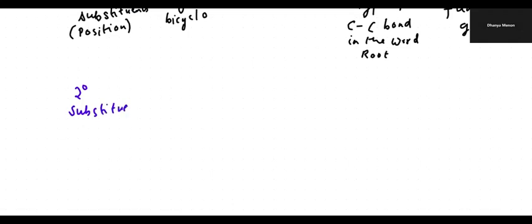Then we write down the primary. So this is all prefix, right? So secondary prefix first. In prefix, we write down the secondary substituent and then the primary, which can be cyclo or bicyclo, etc. Then we write down what? The word root.